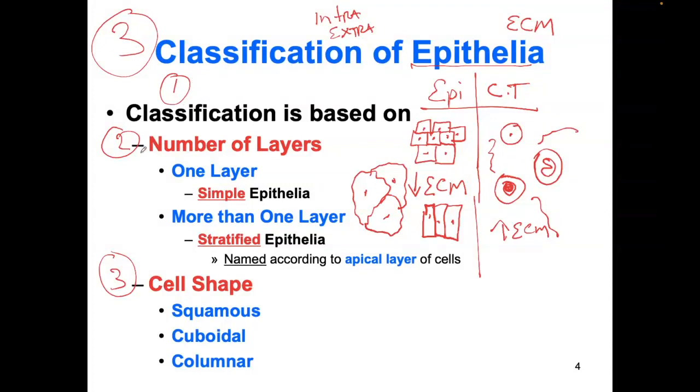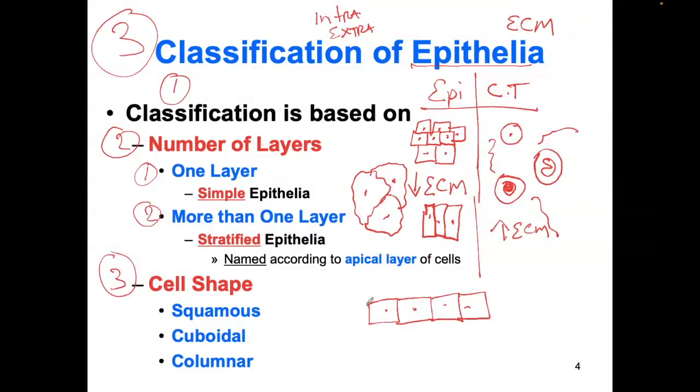The second question we have to ask ourselves is, when we look at it, do we see one cell layer, or do we see more than one cell layer? If we look at these, they are closely packed together, we know it's epithelium, and it's one layer thick.